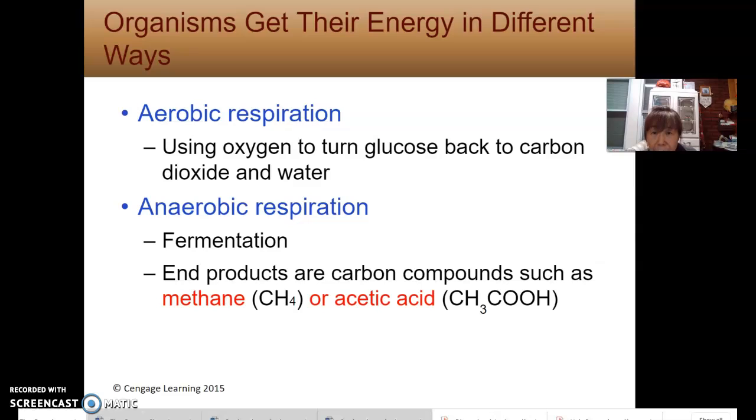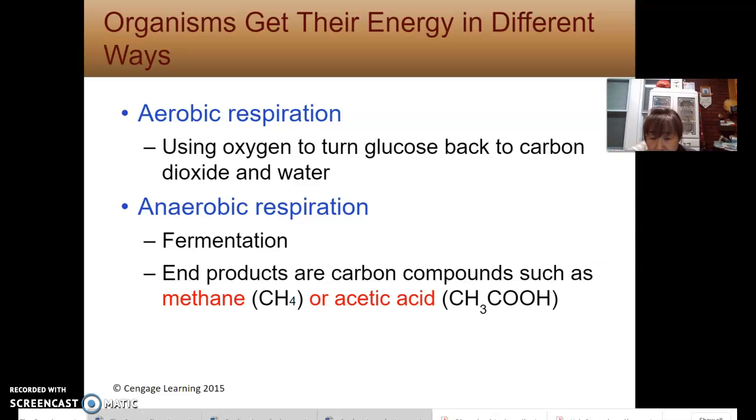And then for other organisms, the heterotrophs, how do they get energy? They do aerobic respiration, using oxygen to turn glucose back to carbon dioxide and water. And then you need to remember, anaerobic respiration is also called fermentation.